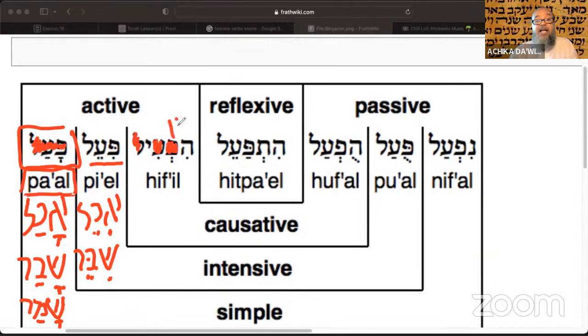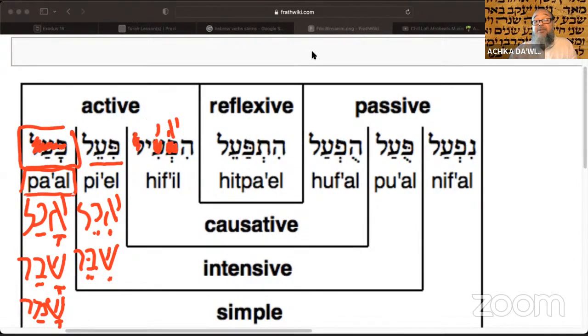I'll put an aleph right here, a kaf right there, and a lamed right here, and I'll put this other yod right here, and this hey right here. Hikil, that would be hif'il. See, you hear the sound? Hikil, hif'il. Ikel, pi'el. Sheber, pi'el. See, it depends on what that last consonant is.